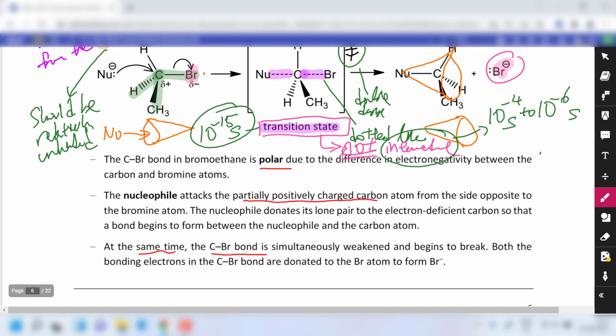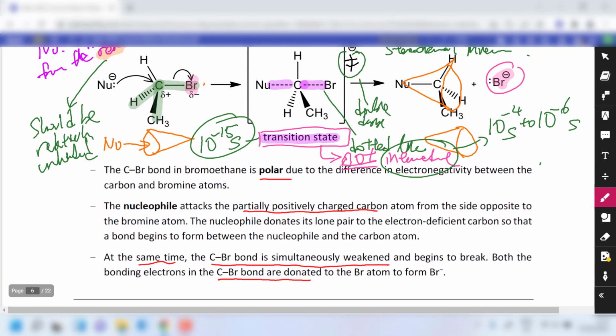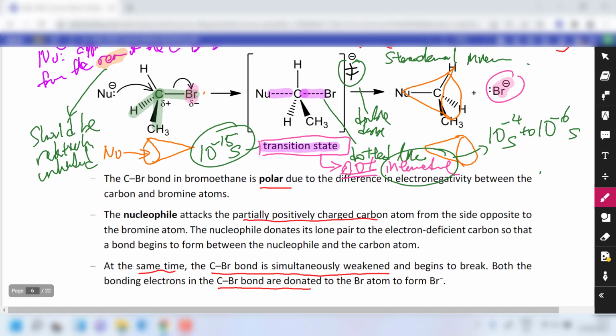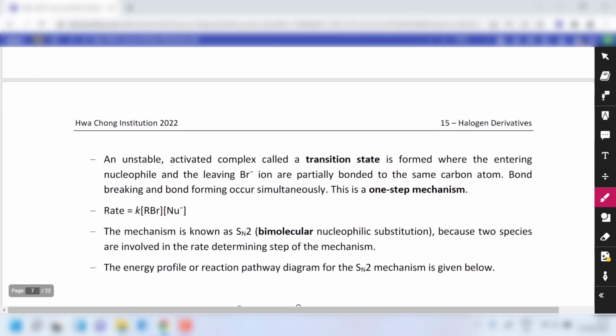At the same time, the C-Br bond is simultaneously weakened, and the nucleophile and carbon bond is simultaneously formed. Then you get an unstable activated complex known as a transition state.